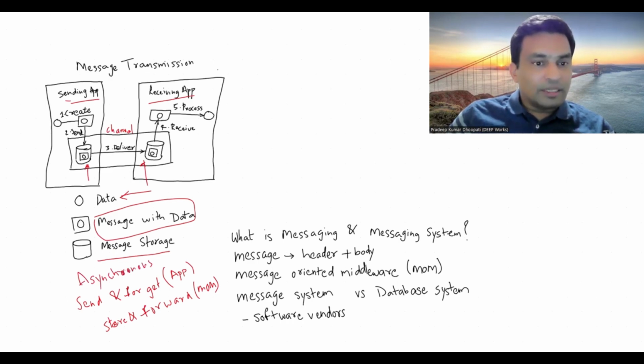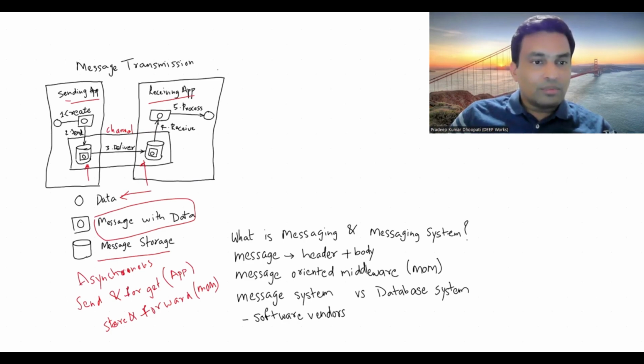And it's the messaging system's responsibility. In other words, when we compare the messaging system with the database system, when an application sends data to the database, it's the database system's responsibility to store that data reliably, and whenever any other application needs that data, it should be able to provide that data whenever the other application queries that database.